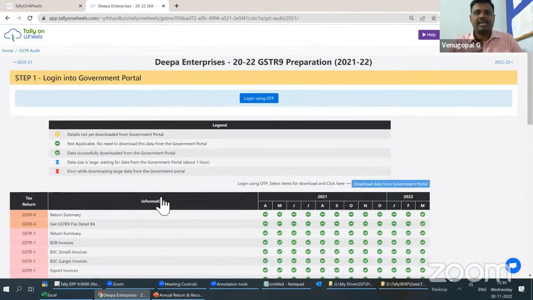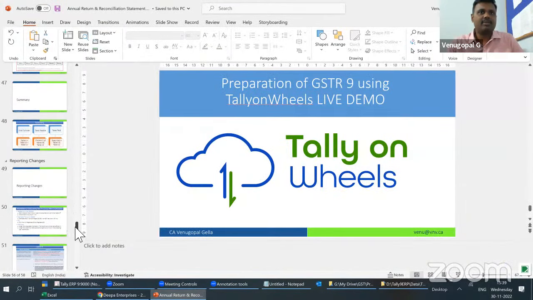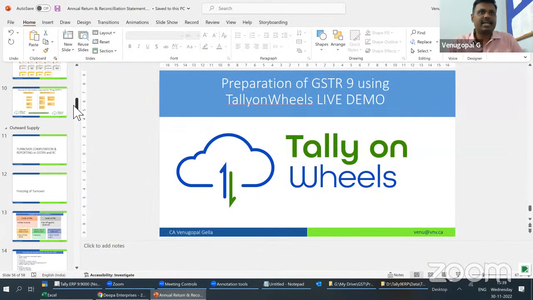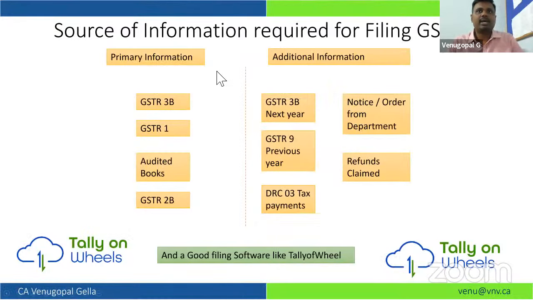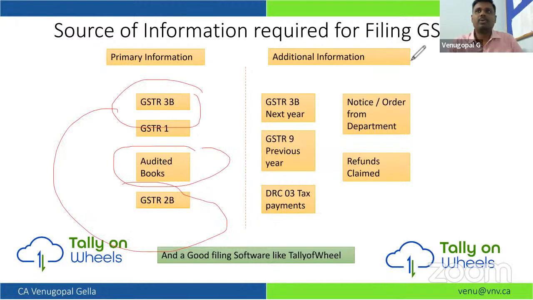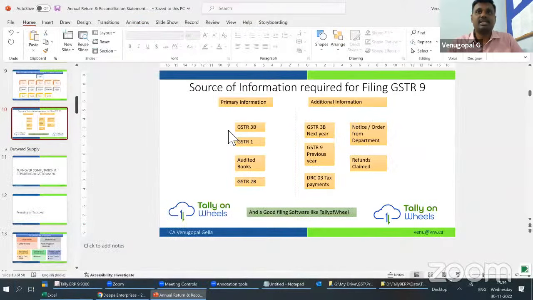If we go back to our presentation, for filing GSTR 9, what information do we require? We require the data from books of accounts and the data from the government portal. All this information is required to finalize your GSTR 9.